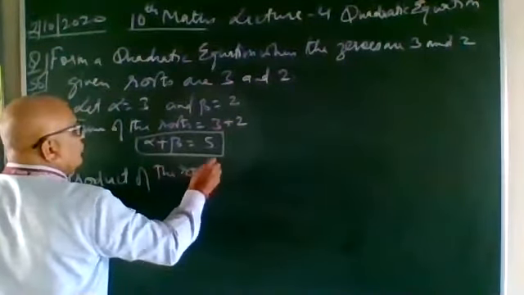So now the quadratic equation can be formed by x square minus sum of the roots x plus product of the roots equal to 0.